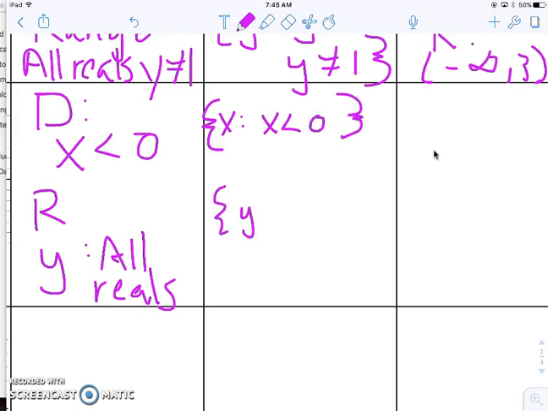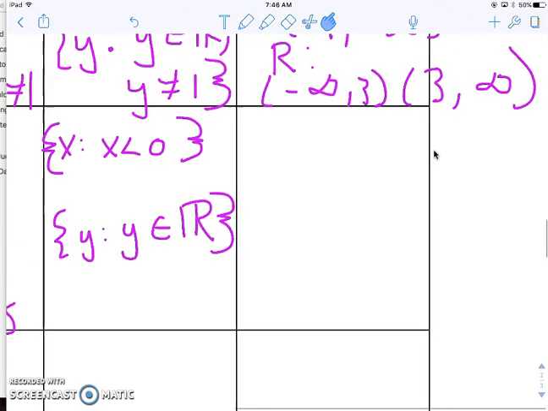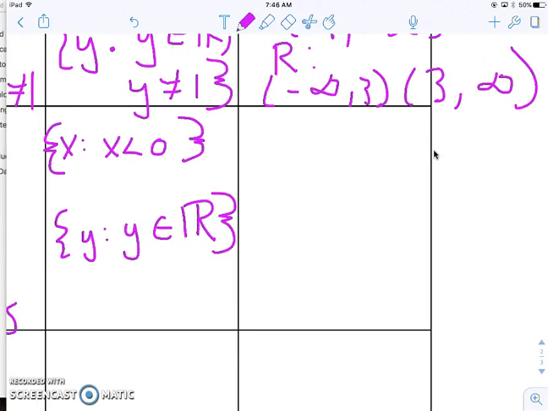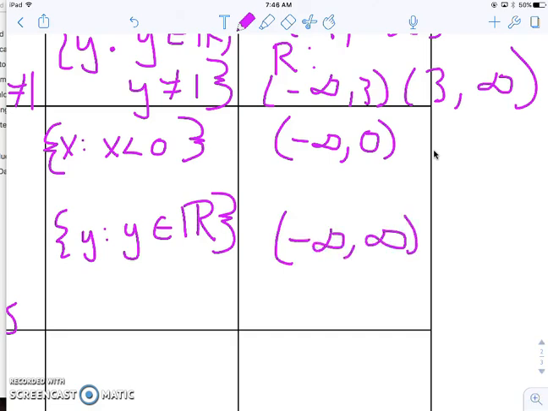And then our y, such that y is an element of the reals. And then in interval notation, x has to just be less than 0. So negative infinity to 0 would be our domain. And then our range, since it's all reals, we can just say negative infinity to positive infinity. And I should probably label that this is domain, and this is our range.